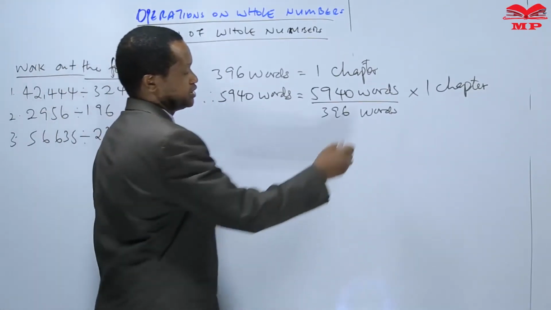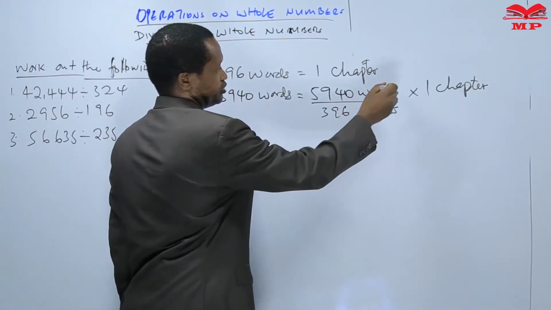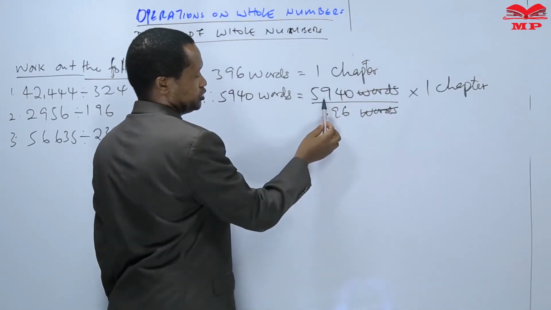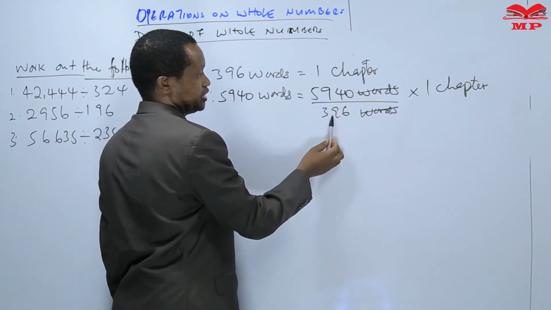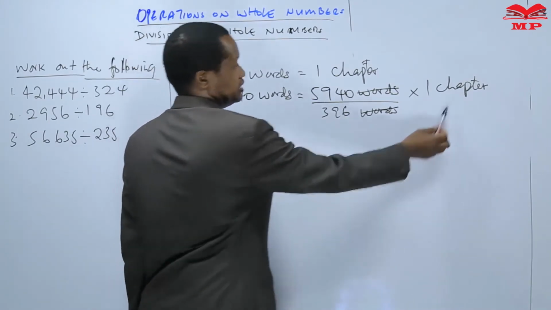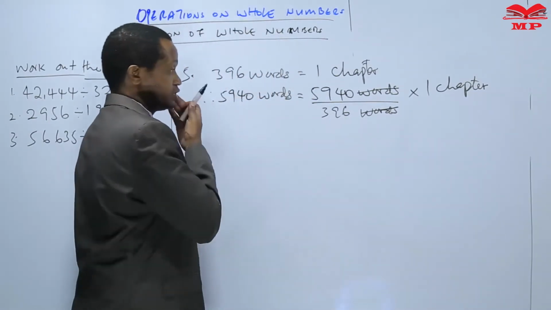So these words cancel with this word. So we only need to divide 5,940 by 396 to get the chapters. So division.